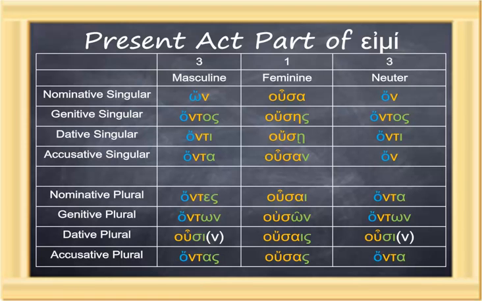However, some forms can be confused with those of the relative pronoun, such as ōn and hōn. The difference is the relative pronoun has a rough breathing mark, and all of these forms have smooth breathing marks in the present active participle of eimi.